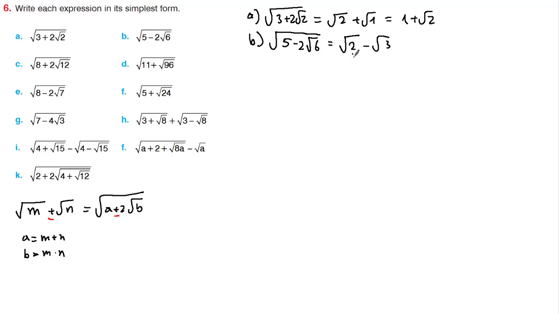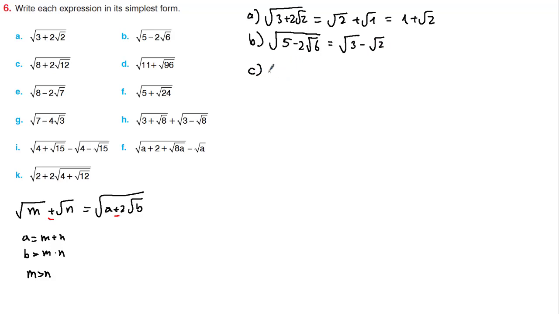But pay attention here, this is a wrong order. If you check the formula, it was saying m should be greater than n. In the case that these are positive, it doesn't matter. But in the case that these are negative, it actually matters. So, square root of 3 minus square root of 2.